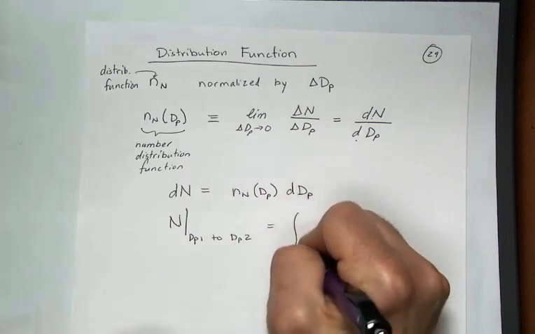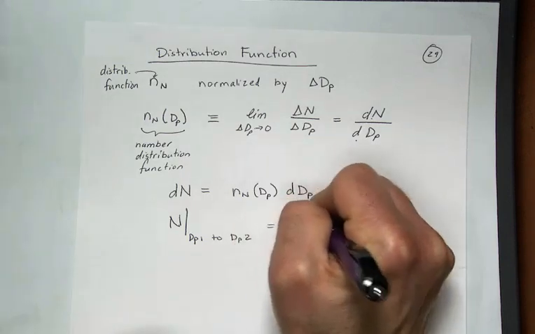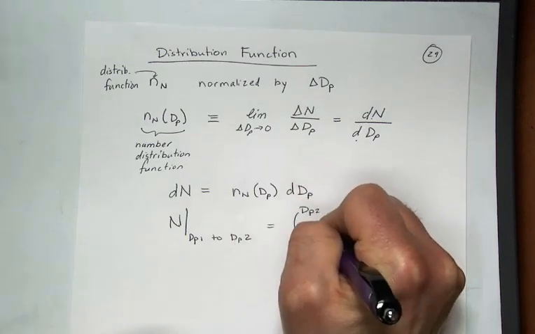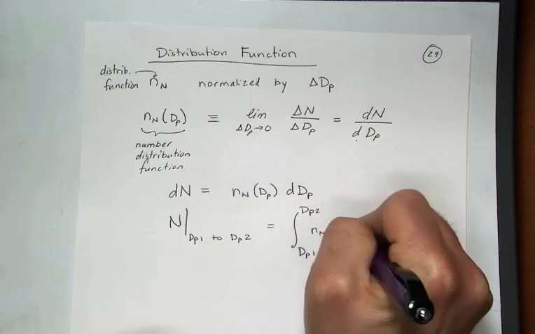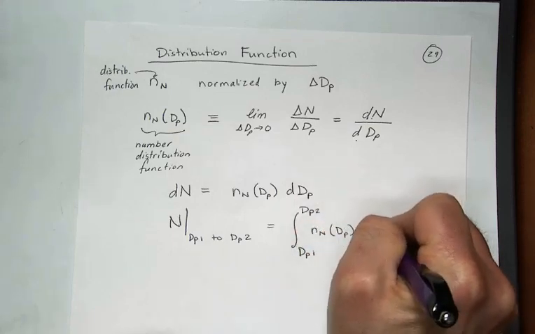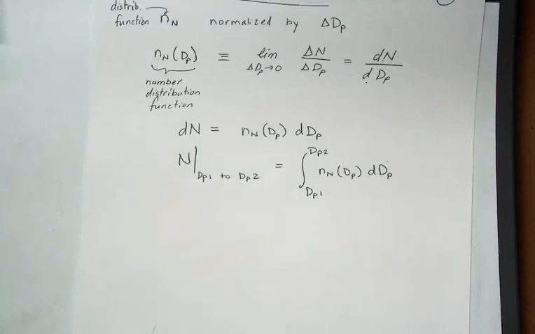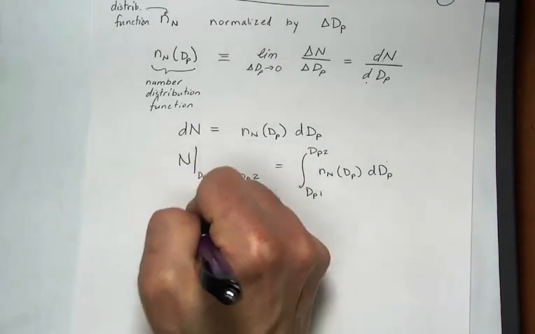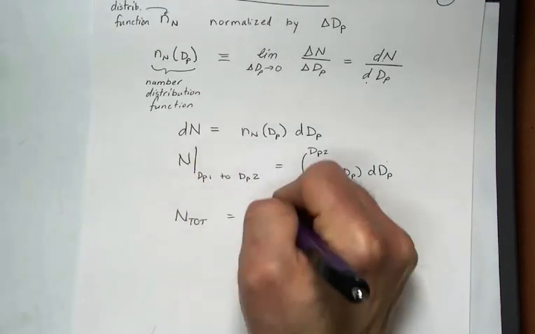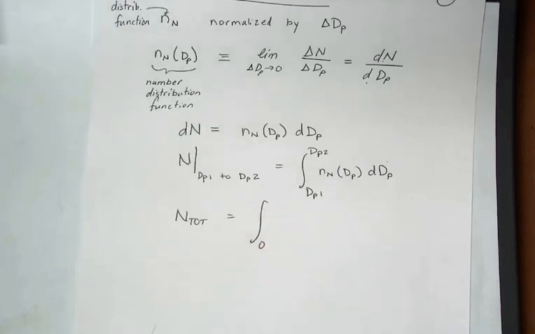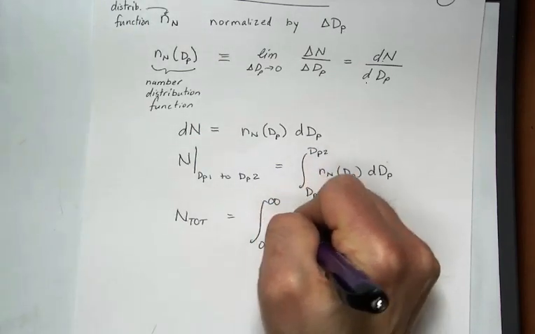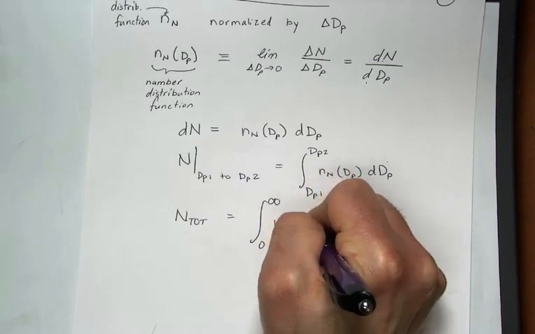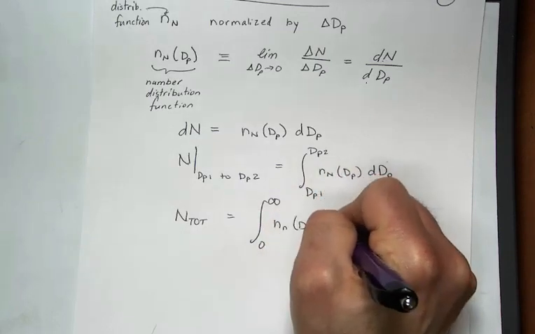The integral from dp1 to dp2 of N sub n ddp. The total number of particles in air is just the integral from size 0 to size infinity of the distribution function times ddp.